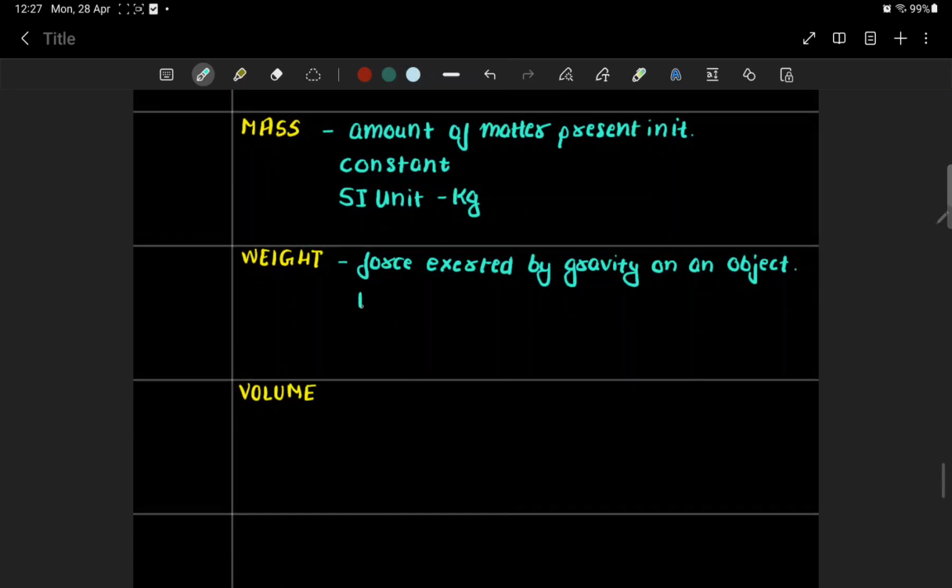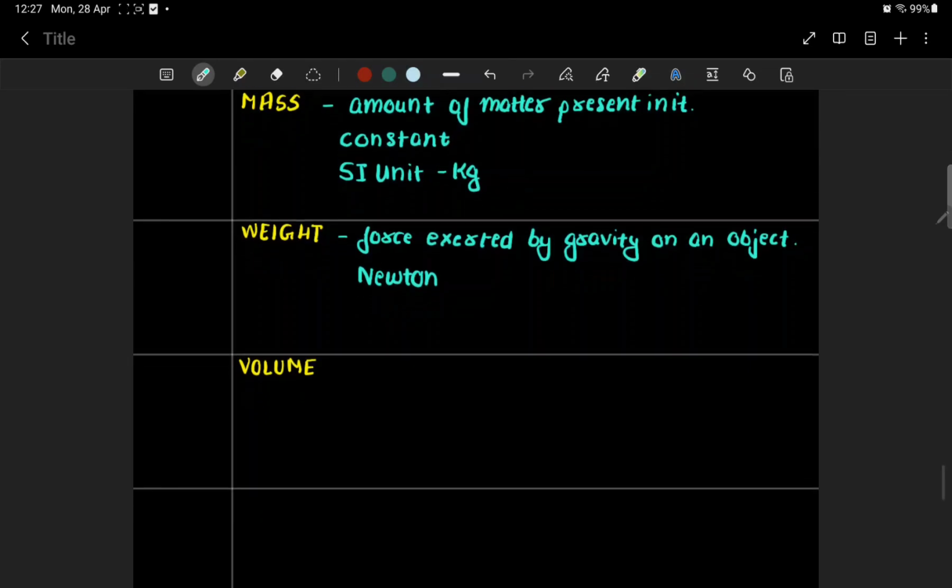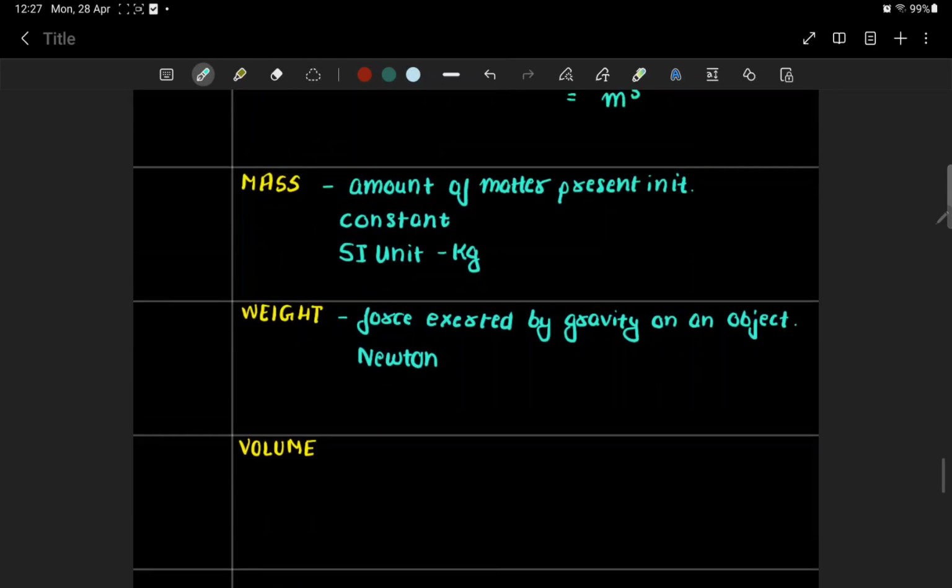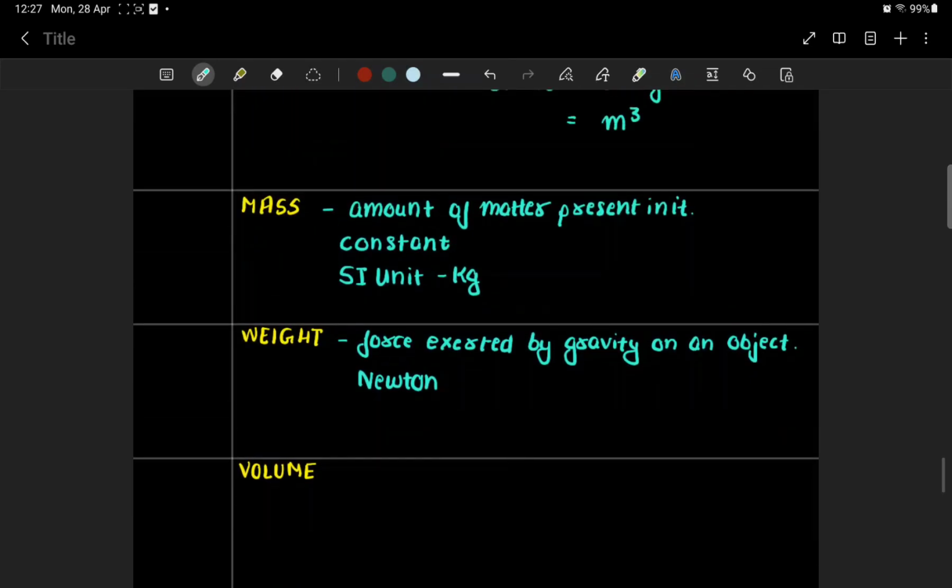And for weight, it's Newton. Normally, when we perform reactions in the laboratory, we don't take kilogram, we take gram, because that's a smaller amount that can be easily handled.